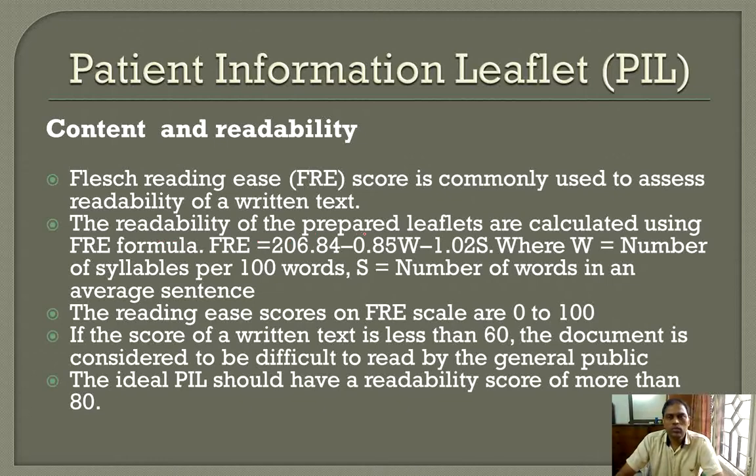So what is this formula? It is calculated using the FRE formula. FRE equals 206.84 minus 0.85 W minus 1.02 S, where S is the number of syllables per 100 words and W is the number of words in an average sentence.